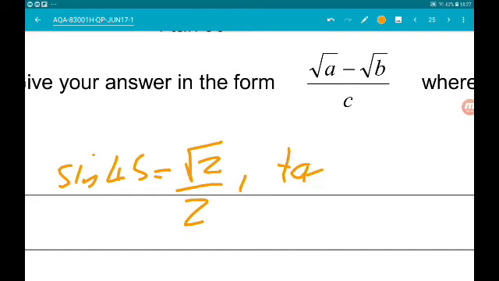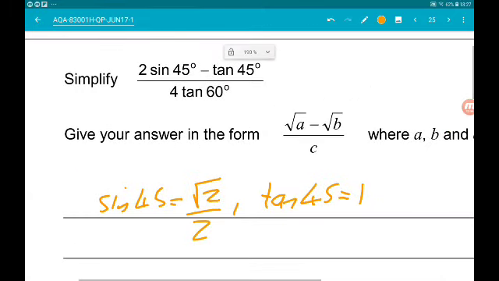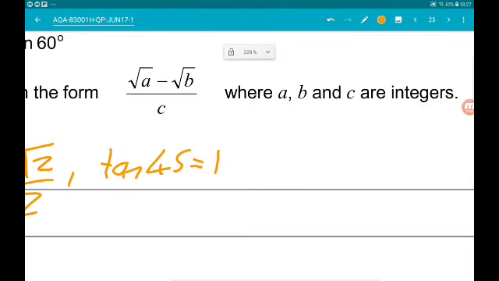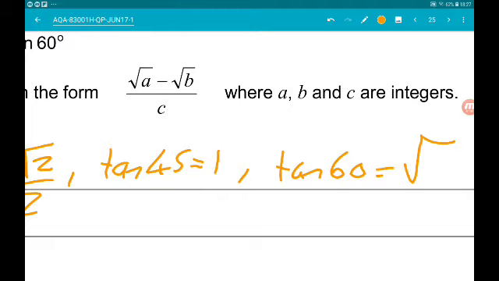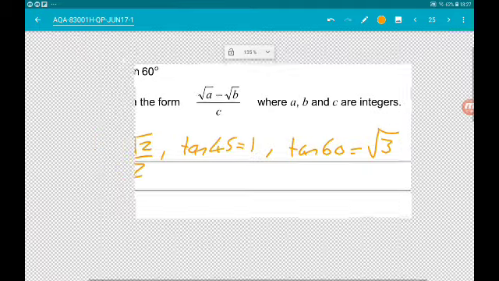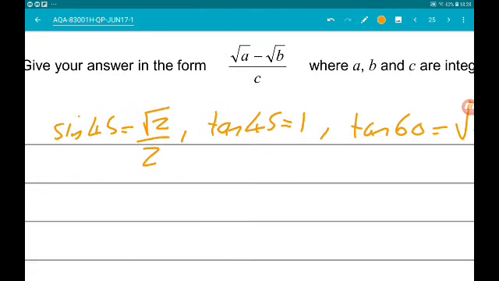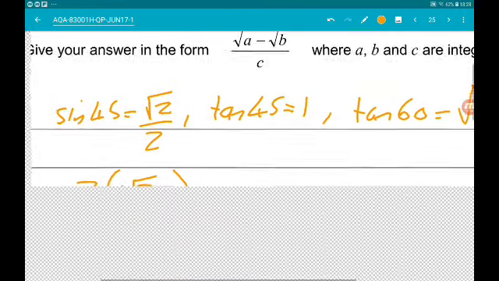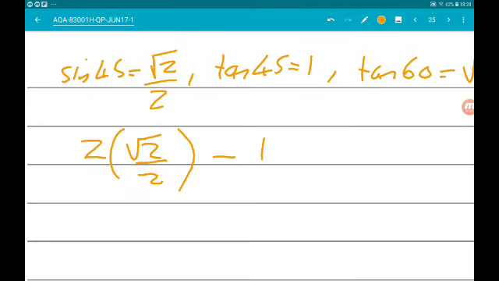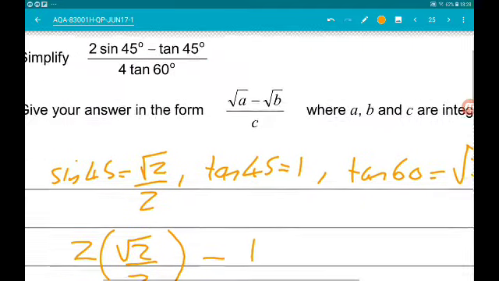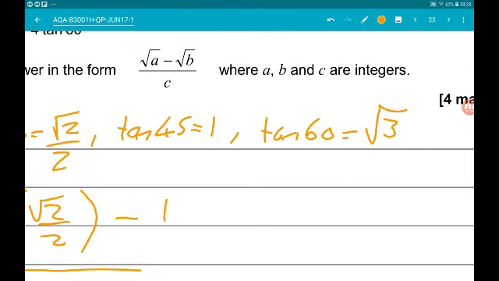Tan of 45 is 1, and tan of 60 is root 3. So this fraction becomes 2 lots of root 2 over 2 minus 1 over 4 root 3.